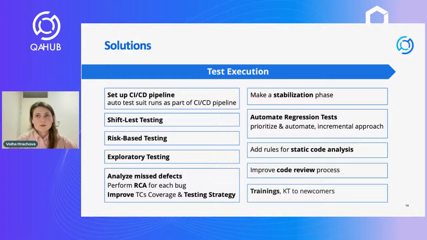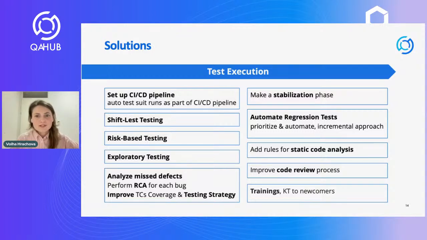So let's do some additional development work and then continue with our testing. If we spend a lot of time on manual execution, of course, it's good to consider automating the regression tests, but it's not good to just automate each and every test. It should be an incremental approach. We should prioritize the test cases which we consider the most important ones, P1 test cases, automate them, get the feedback, and then reiterate.